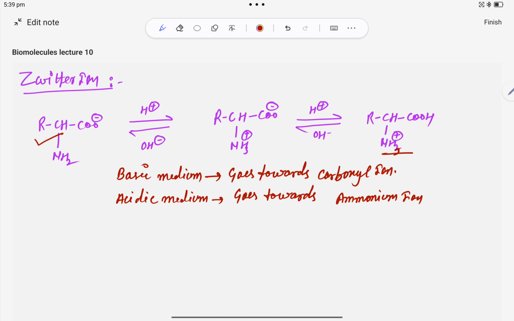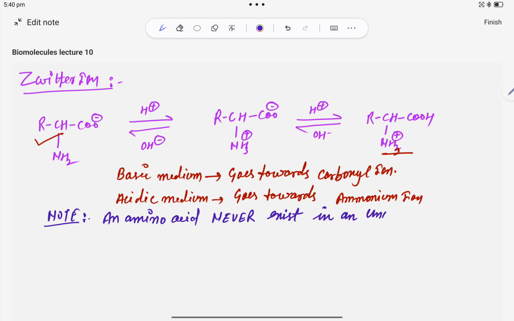So what note can you write here? An amino acid never exists in an uncharged form. Amino acid never exists in uncharged form.